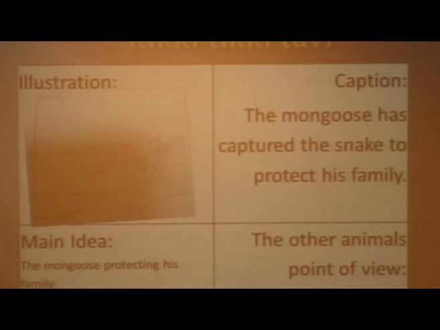So all this is about Jack, and this is the point of view about the giant. There's two different ways.